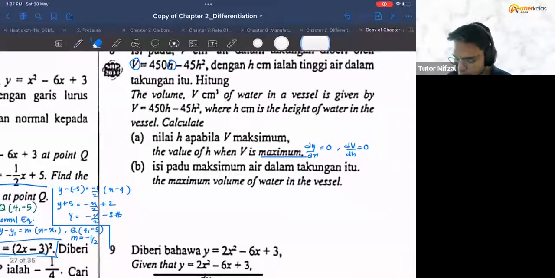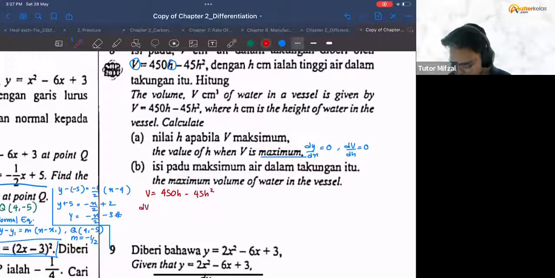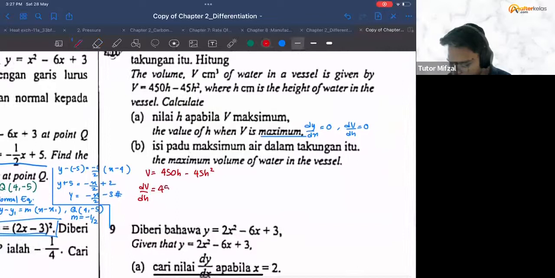So we do this by, okay, let's use a different color. V equivalent to 450h minus 45h square. We differentiate it. dv over dh is equivalent to 450 minus 45 times 2. 45 times 2 is 90 minus 90h. Alright, 450 minus 90h. Now again, kita kata, okay, we want to find when the V is maximum.